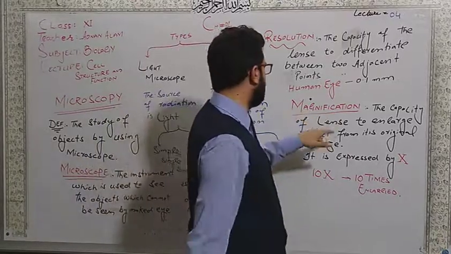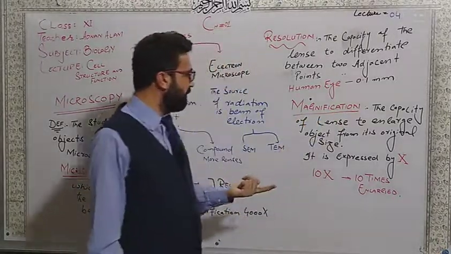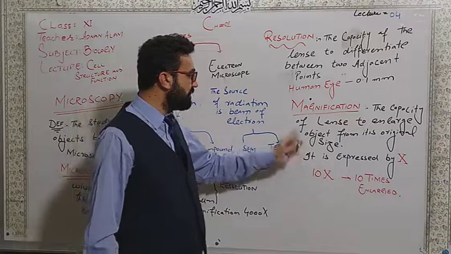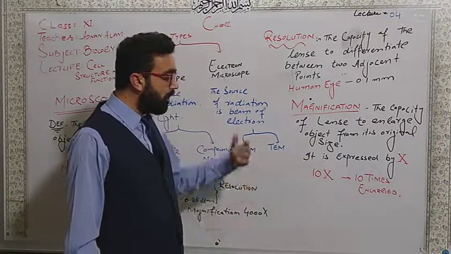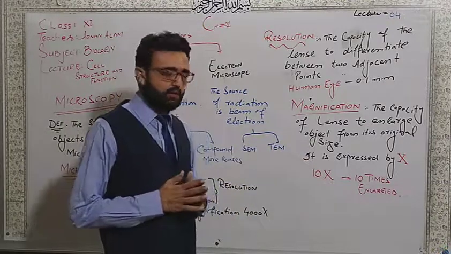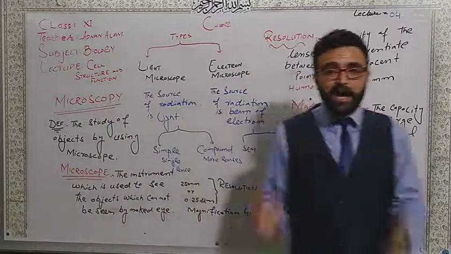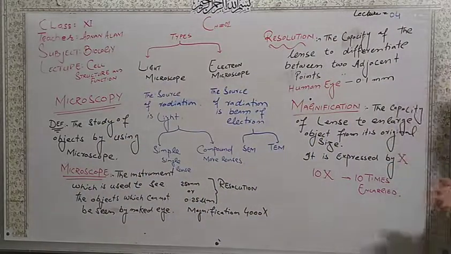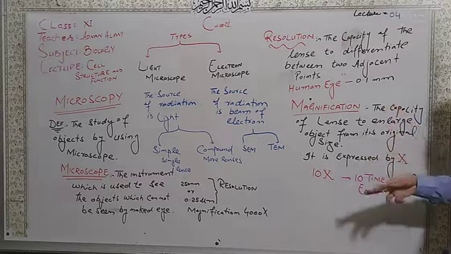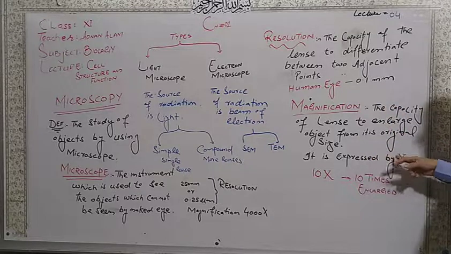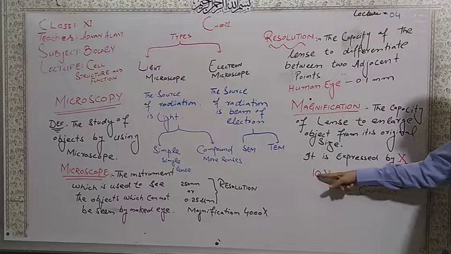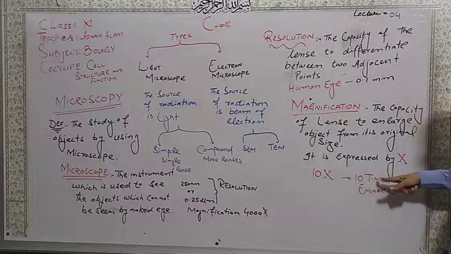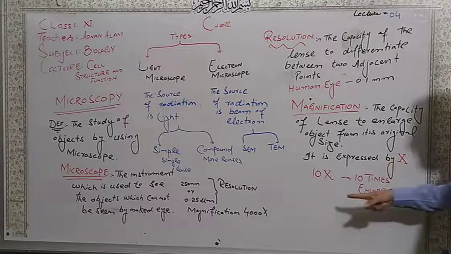Now, magnification. Magnification is the capacity of the lens to enlarge an object from its original size. How much it enlarges an object from its original size, that is called magnification. It is expressed by x. If we say 10x, 10x means it will enlarge 10 times.